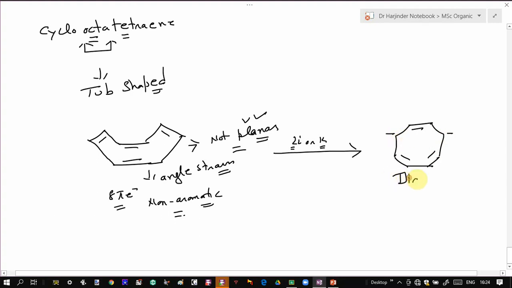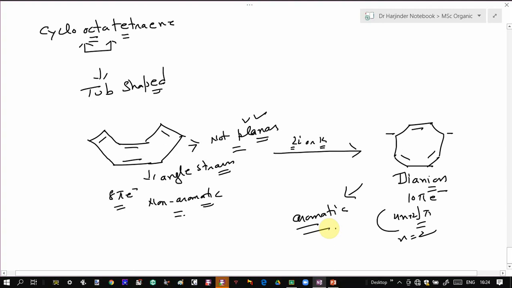So this is an example of a dianion with 10 pi electrons that's aromatic. This dianion has 2, 4, 6, 8 and 10, so it has 10 pi electrons, and therefore it satisfies Huckel's rule for n equals 2. And now this molecule is aromatic.